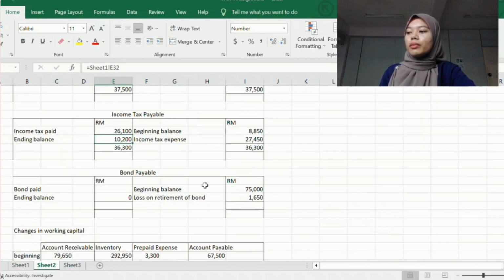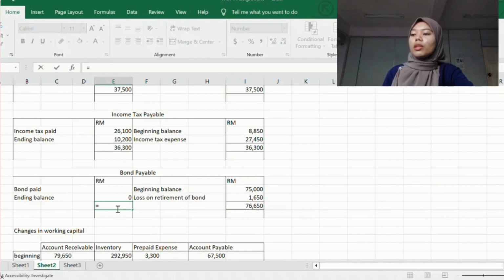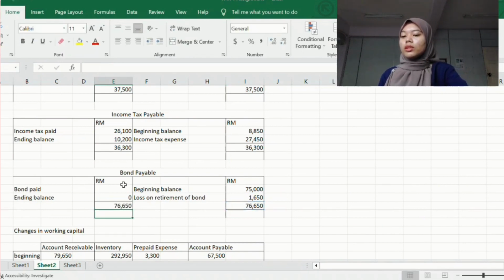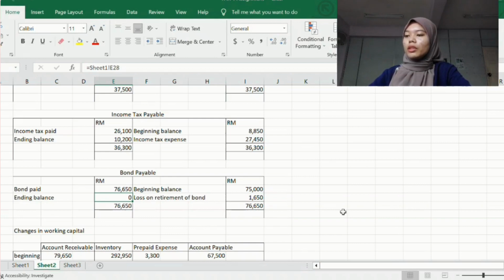We got the bond payable. For the bond payable, we need to know how much bond we paid for the year. The normal balance is on the credit side, and we also plus the loss on retirement of bonds. So we just sum up these two. The ending balance for the bond payable is 0. So the bond paid is 76,650.